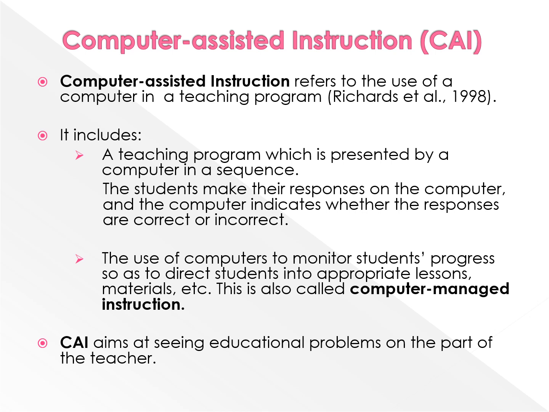The students make their responses on the computer, and the computer indicates whether the responses are correct or incorrect. Computers are also used to monitor students' progress so as to direct students into appropriate lessons and materials. This is also called computer-managed instruction. CAI aims at solving educational problems on the part of the teacher.